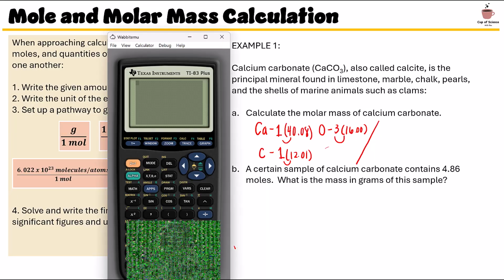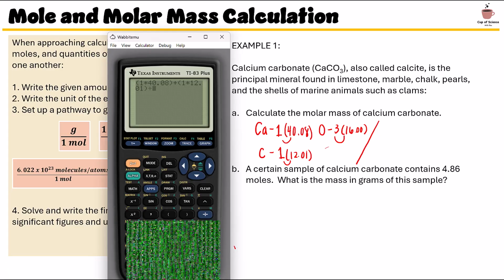So here's a quick review on how to calculate molar mass. Parentheses, 1 times the 40.08. And then you're going to add the next category, which is the carbon, 1 times the 12.01.